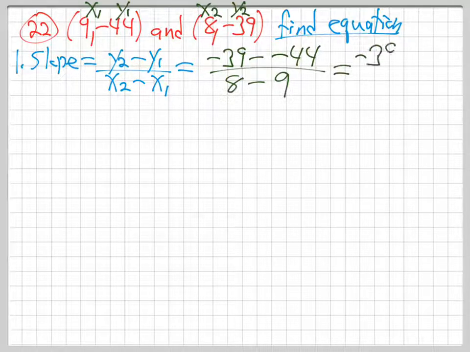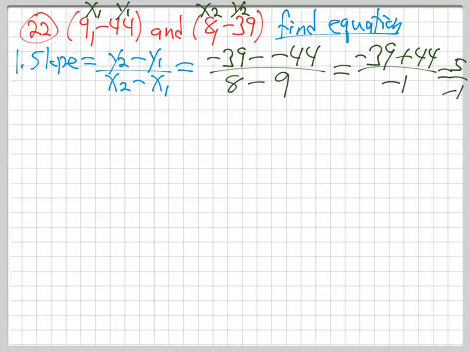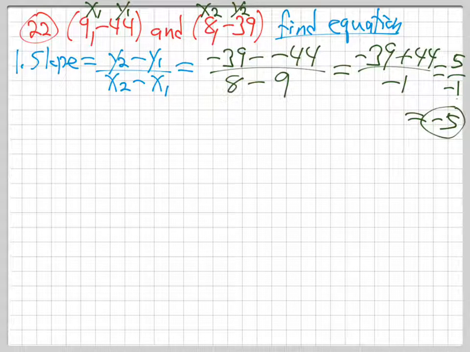So we get minus 39 plus 44, right? Double negative is positive, over negative 1. What's that? 5 over negative 1, negative 5. Sorry if I'm getting too sloppy over there. So that should be 5 over negative 1, which is just negative 5. So there's our slope. That's step 1, find the slope.